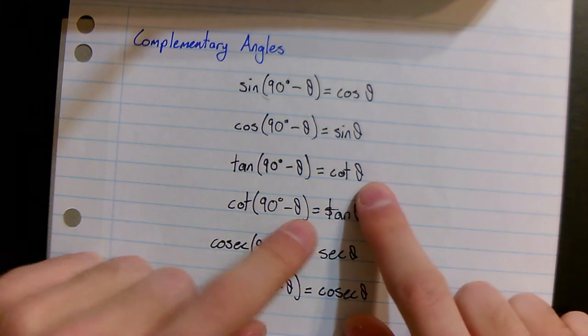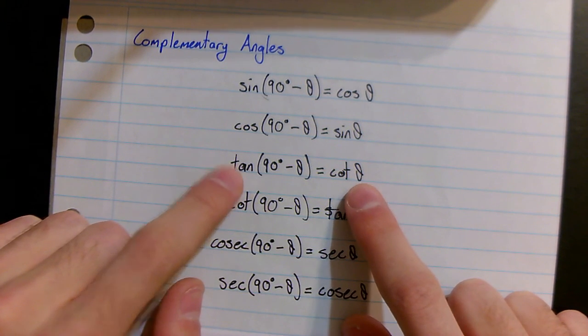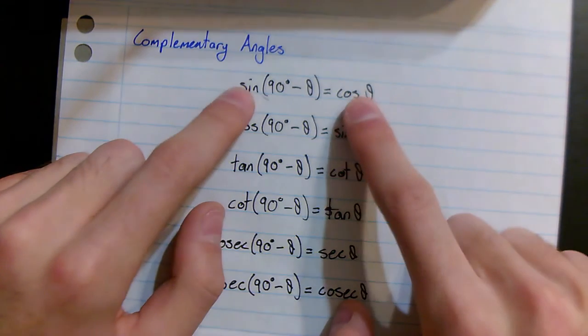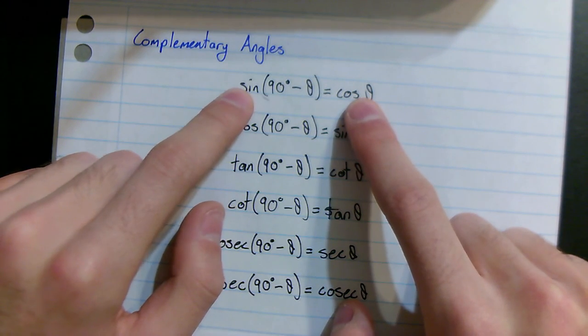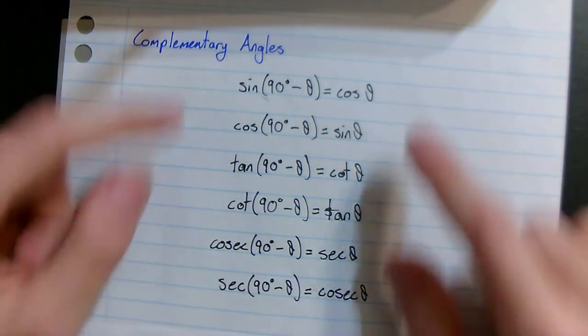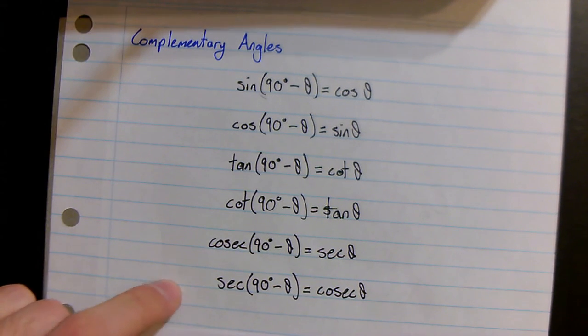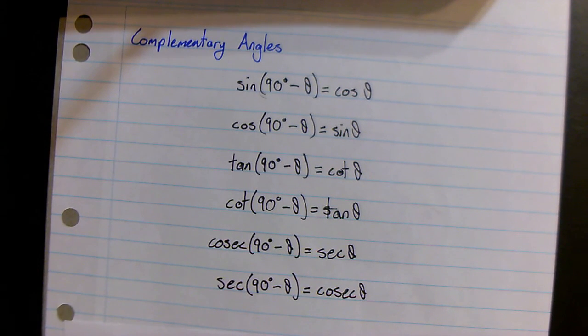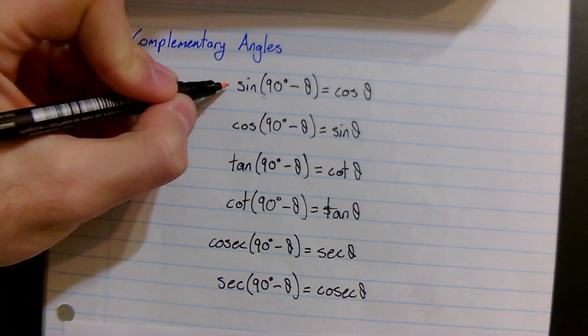So what we can see here is that tan and cot relate to each other, and sine and cos relate to each other. And once you got this, basically you can get the last 2 quite easily, mainly because it's a direct derivation of the first 2.